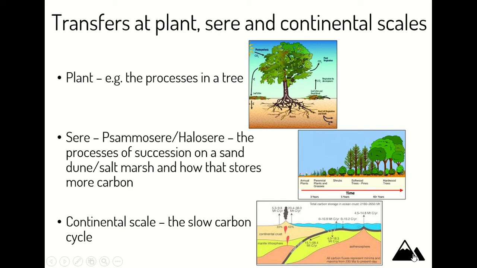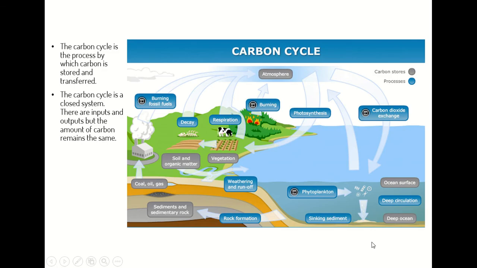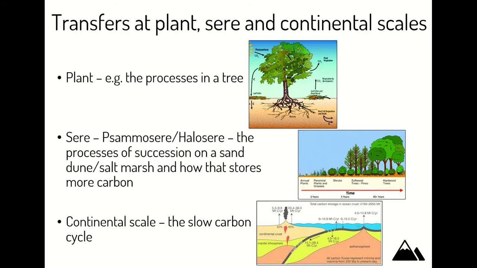So how it traps more carbon. And then on the continental scale, you've got the slow carbon cycle, locking it away, sequestrating it for millennia. And that is basically the full carbon cycle, the continental scale. All of those interactions from the diagram before. Okay, so that's the continental scale, how it's locked away in rocks and then how volcanoes chuck it back into the atmosphere.